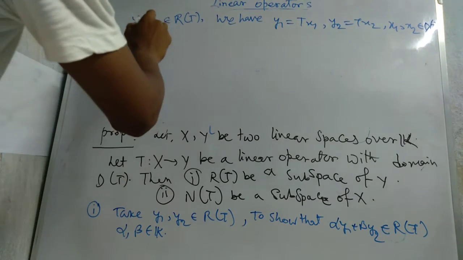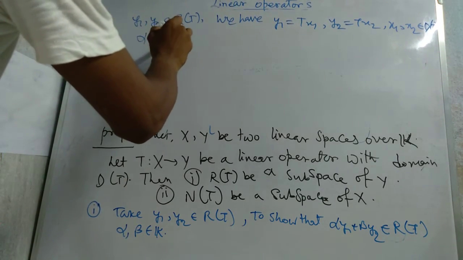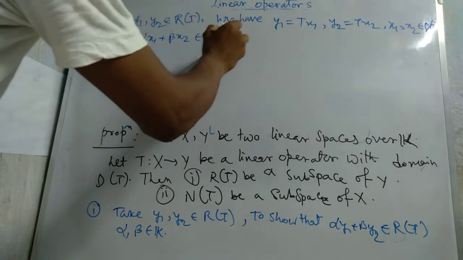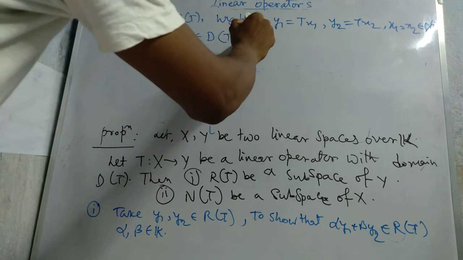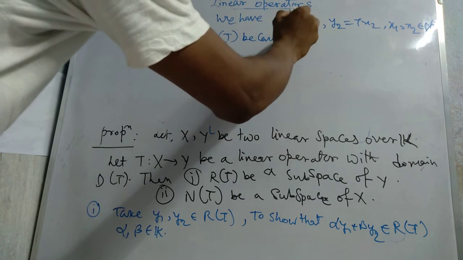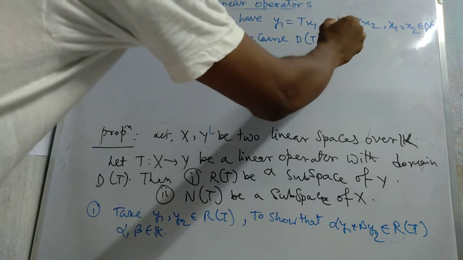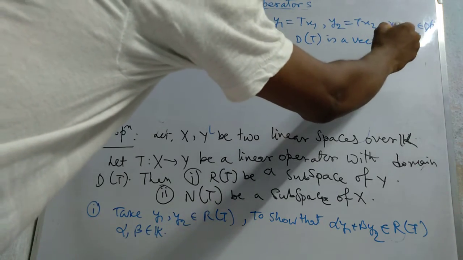Then obviously alpha x1 plus beta x2 belongs to D(T), because D(T) is a vector space, or linear space.